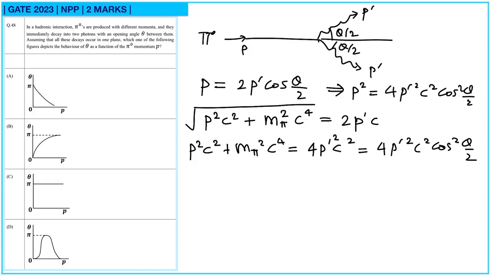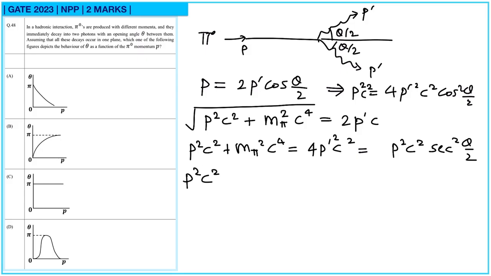This will be cos will be sec here. I am substituting for p dash square c square here. So it will be here also p square. So I am squaring and multiplying by c square. So this will be p square c square and this will be 1 upon cos square theta by 2, that will be sec square theta by 2.